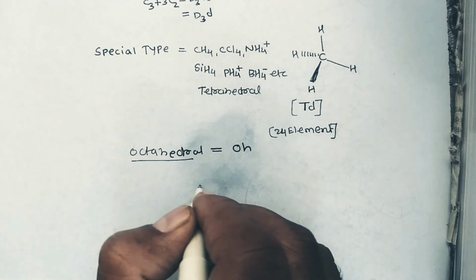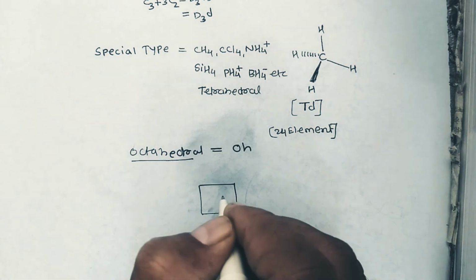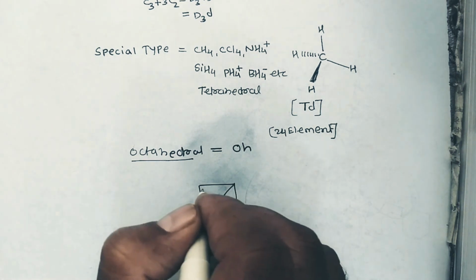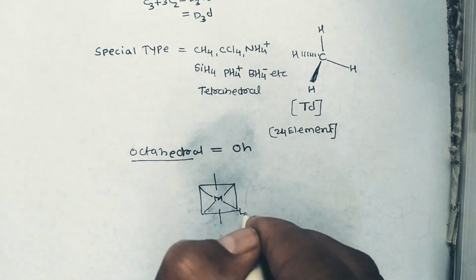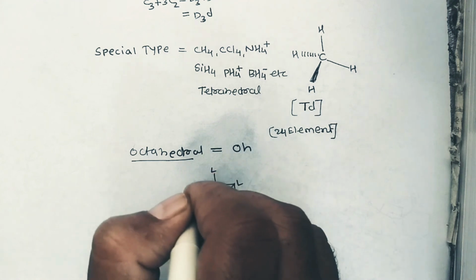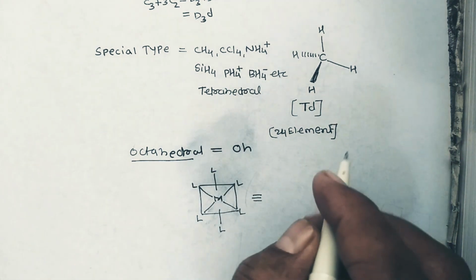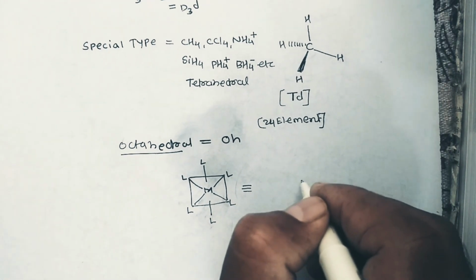The structure of octahedral is something like this. There is a central atom surrounded by 6 ligands: 1, 2, 3, 4, 5, 6. And the structure is looking like this, 3-dimensionally.